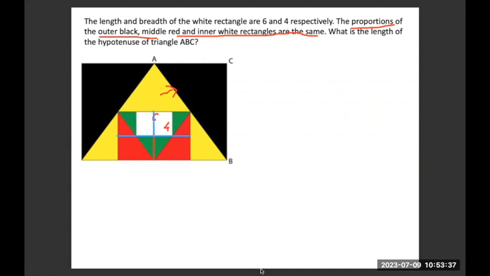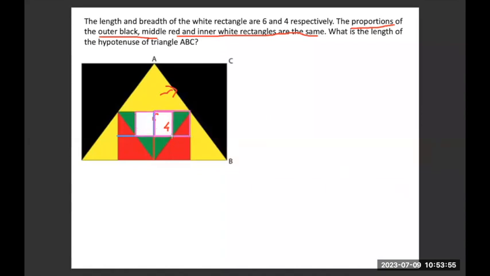Let me use a different color. Yeah, the white part that you see here is very much equivalent to this part.